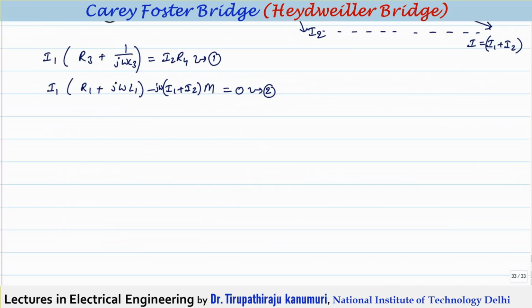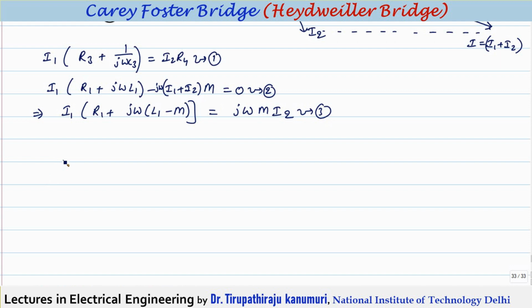So now this equation number 2 I am simplifying further. I can write it separated into I1 and I2 terms. So this I can write as I1 multiplied by R1 plus j omega into L1 minus M. This will be equal to j omega into M into I2, because when it comes to the second side it becomes plus. So I am taking this as equation number 3.